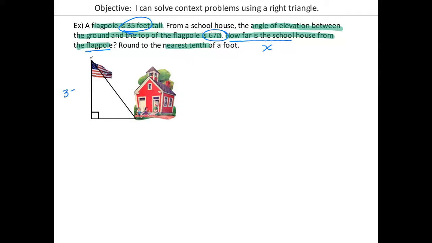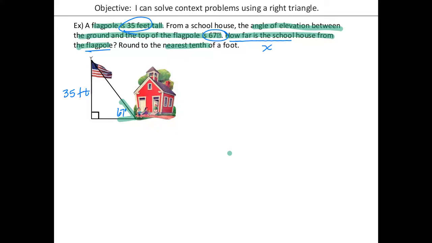So this is 35 feet for the flagpole. And it says angle of elevation between the ground and the top of the flagpole, that's my angle. I'm looking to the top of the flagpole from the ground. So that's my angle of elevation. My 67 degrees goes right here.